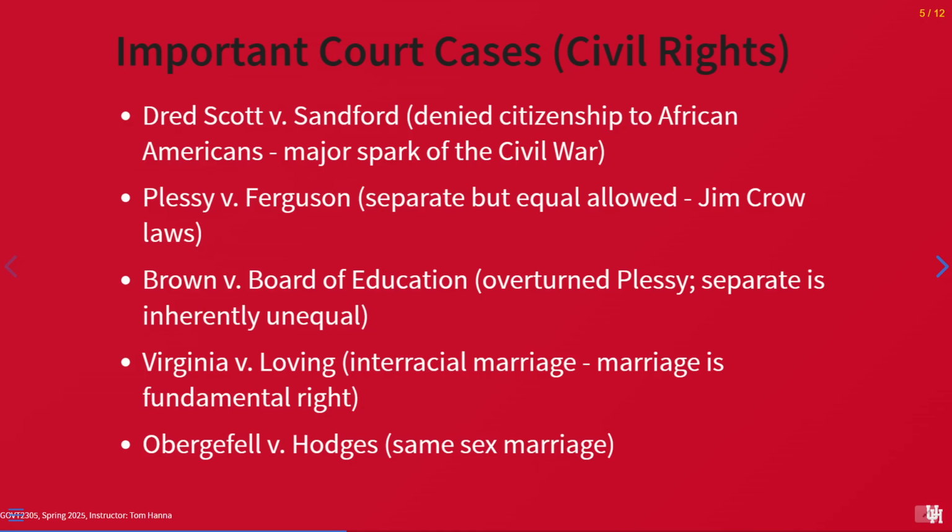It took 40 years, 45 years to get to Obergefell versus Hodges, where the Supreme Court said the right to choose who you marry is just a fundamental right of citizenship. Everybody, race notwithstanding, race not even being involved. And so same-sex marriages are protected too.